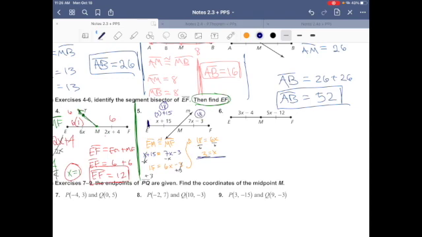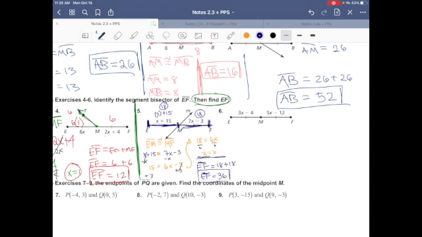So EF total is going to be 18 plus 18. That's EM plus MF. So EF, the distance from E to F, is going to be 36.